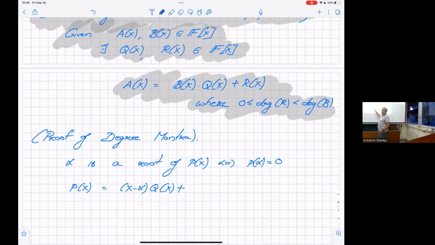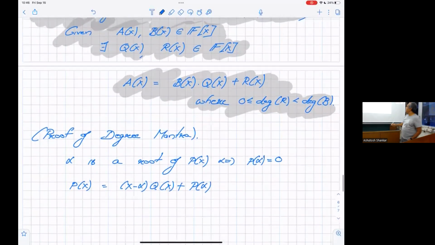What can that constant be? In general, it has to be P of alpha, because now you can evaluate this at alpha, and this vanishes away. So this has to be P of alpha.